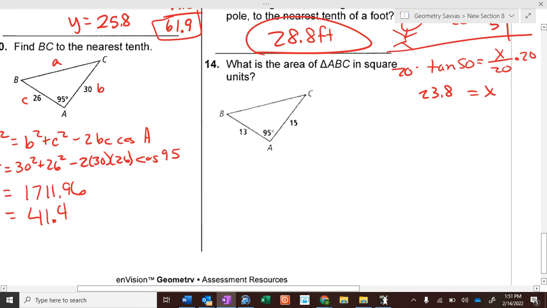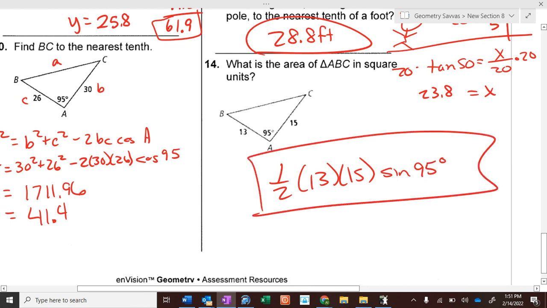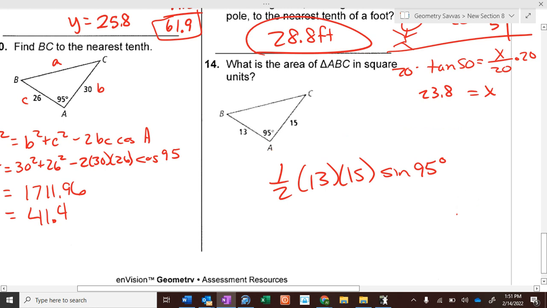And then the area is one of the bottom 3 formulas. It's 1/2 times 13 times 15 times the sine of 95 degrees. So we're using that formula. If you do it in your calculator, what do you get? 97.1. Okay? That's what's on the test.